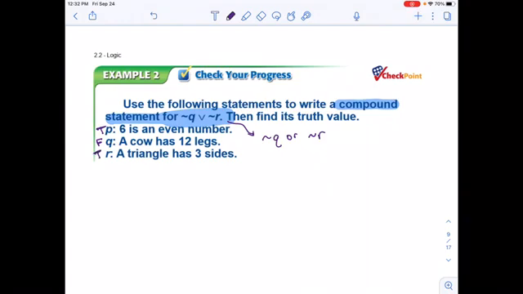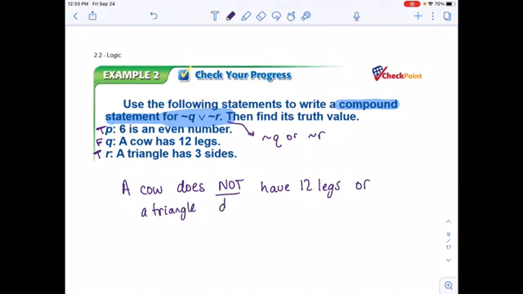So we're going to say, okay, we need to negate Q. So a cow does not have 12 legs. Or, we have to negate R as well. A triangle does not have 3 sides.